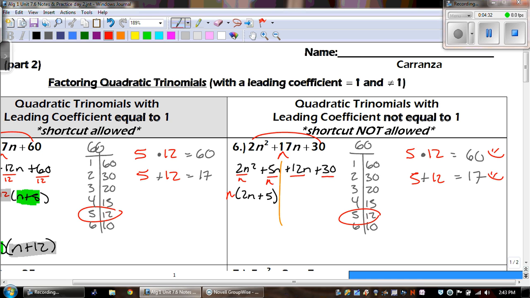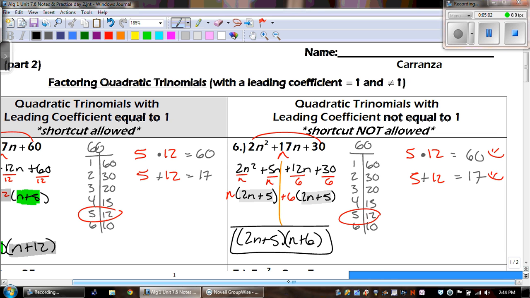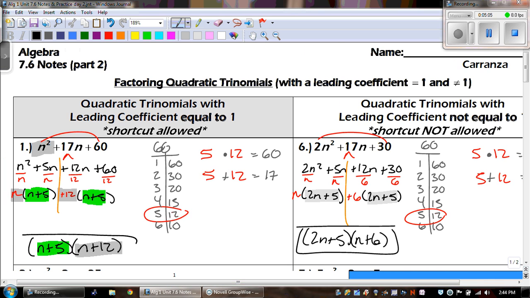Now the GCF of 12 and 30, it's not 12. What number goes into both? You should get 6, and it's a positive 6. And the remainder is 2n plus 5. Remember our little check to make sure that we did it right. We get 2n plus 5, and the other binomial is n plus 6. So when we're doing that shortcut, we have to make sure that the leading coefficient is 1.